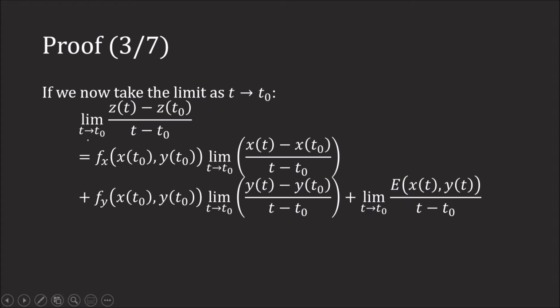Using limit laws, we're going to have this partial derivative times this limit, this partial derivative times this limit, and then just this limit. Now, this limit here is dz/dt. This limit here is dx/dt. This limit here is dy/dt.